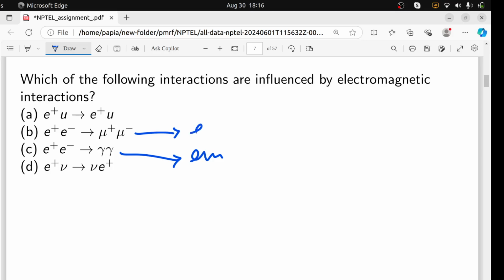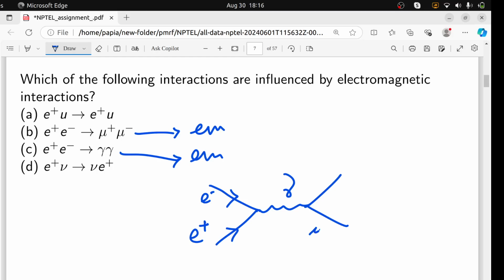Here also it is governed by electromagnetic interaction, because the Feynman diagram was e+ e-, the mediator was gamma, and then mu+ mu-. So option B is governed by electromagnetic interaction. For the D case it is weak interaction, because neutrino is present and neutrino only interacts with weak interaction. So if a neutrino is present, it will be a weak interaction.